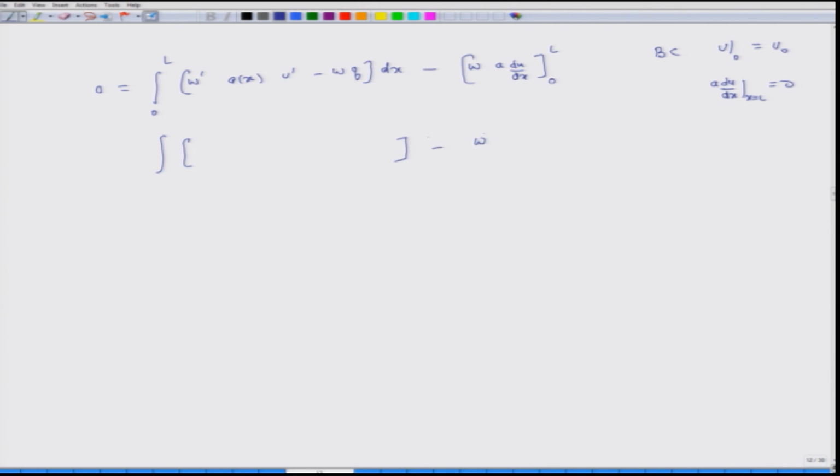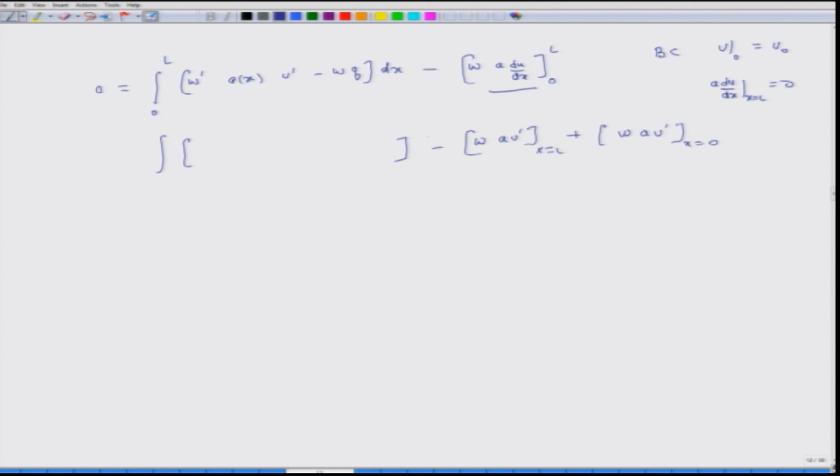So, what I can do is I get the same term here, minus w a u prime at x equal to L, and plus w a u prime at x equal to 0. Okay. So, what I have done is I have just expanded this term in the parenthesis.